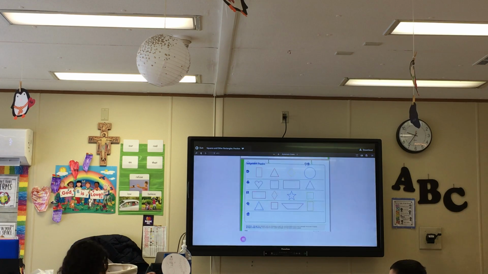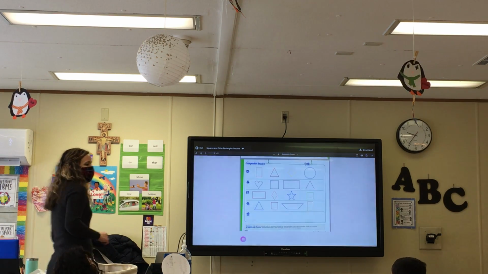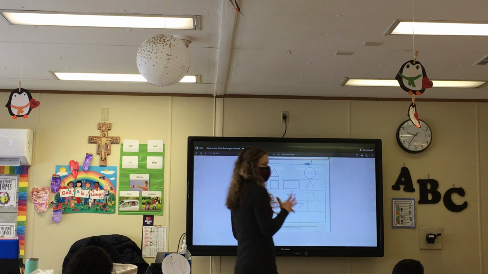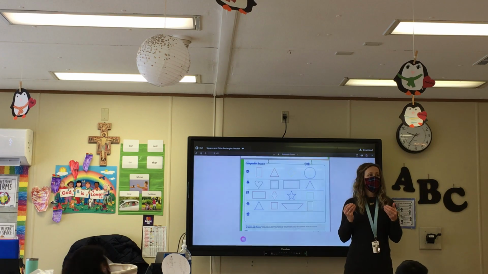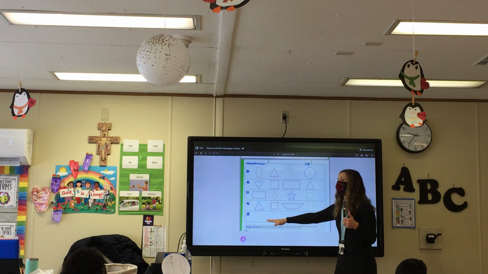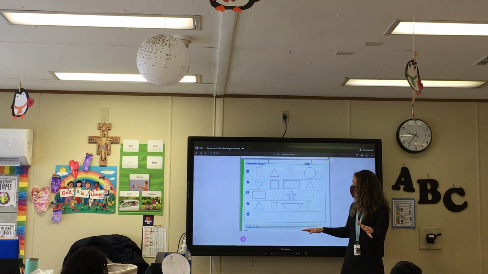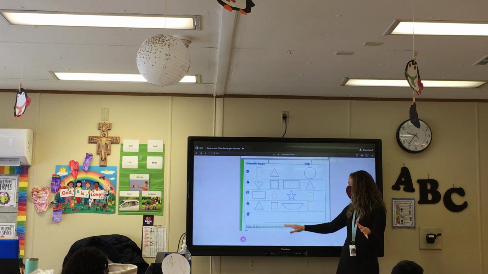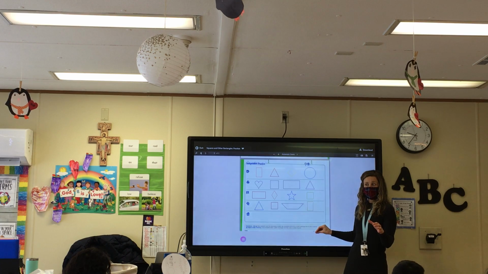All right, it looks like a lot of you guys are ready. So everybody colored the rectangles in each row, and then you put an X on the ones that are also called a square. Thumbs up, we're good? Okay, so in the bottom here for number 10, here's what they want you to do. You ready? It says, draw a green rectangle, and then I need a yellow square.